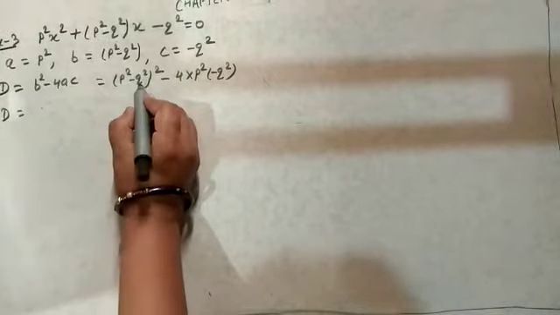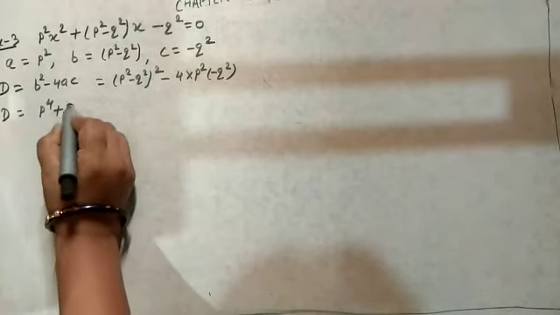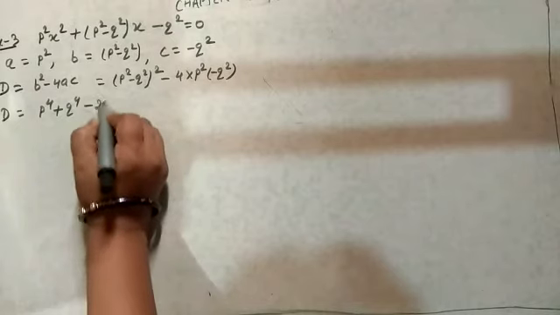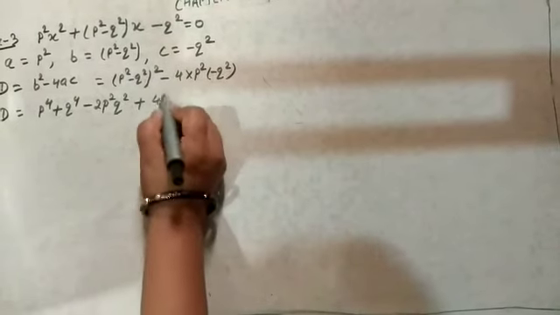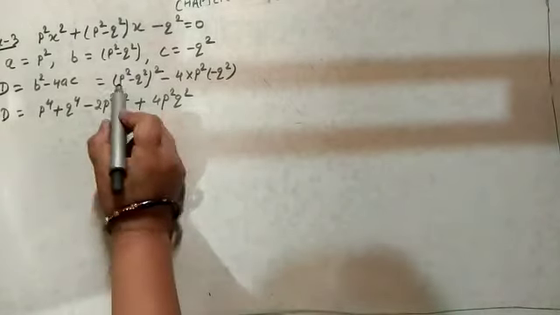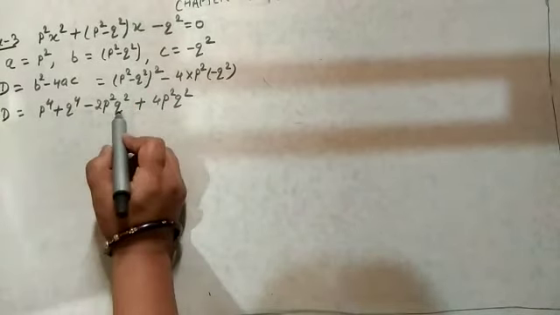So D = (p² − q²)², which will be p⁴ + q⁴ − 2p²q² + 4p²q². Understood? We have applied here (a − b)², so a² + b² − 2ab, and then this 4p²q².